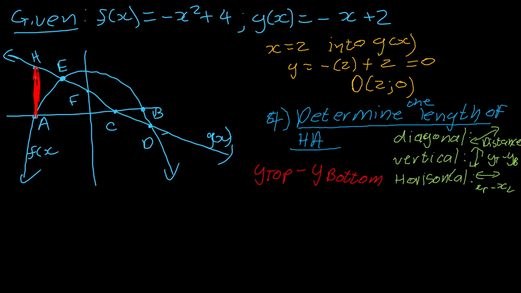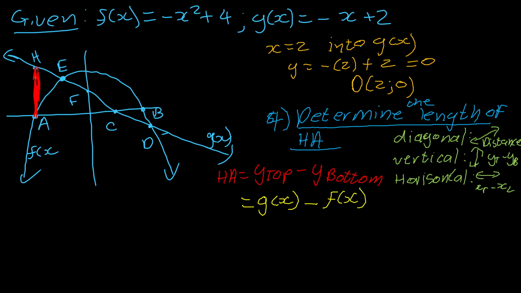So the distance for HA would be these two y values. Now, since we don't know these y values, we need to get a little bit creative. Instead of saying y top minus y bottom, we're going to take the function that's at the top, which is g of x, which remember is just a fancy way of writing y, and we're going to subtract the bottom function for those two coordinates, the function that's the lowest, which in this case is f of x, the parabola.